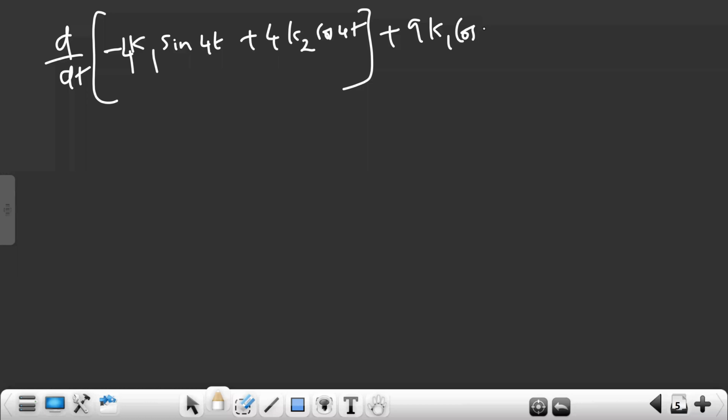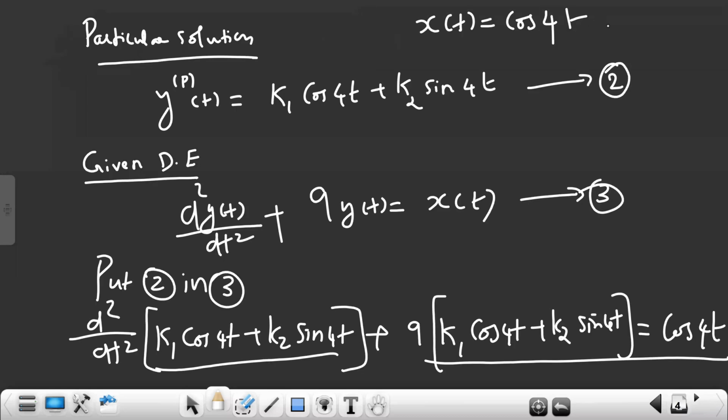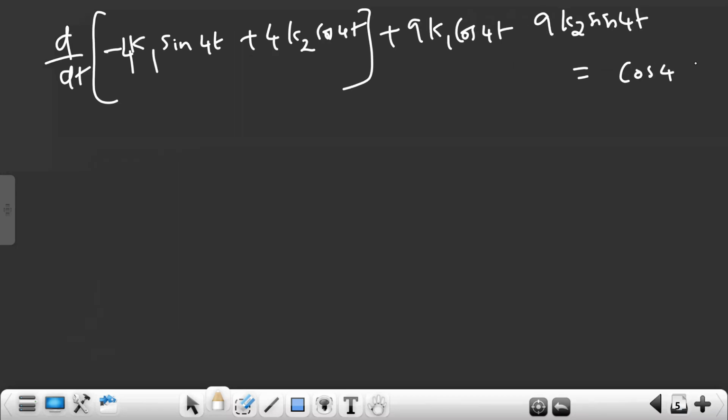Just I will open the bracket: 9 K1 cos 4t plus 9 K2 sin 4t equal to, in the RHS, a single cos 4t term. Now again, after taking the derivative, what will happen? The derivative of sine is cos, so this 4 will come out here. So minus 16, isn't it? 4 into 4, minus 16 K1 cos 4t plus 4 K2 is constant.